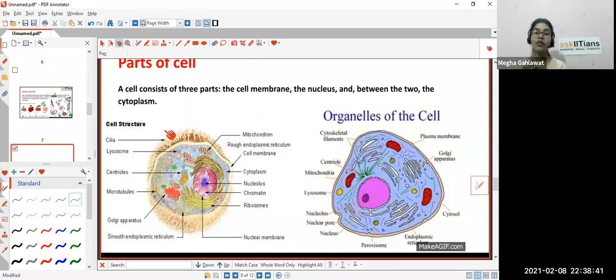Starting from the cell structure and the organelles of the cell, first of all, we have the cilia. These hair-like structures which you're seeing over the cell are the cilia.